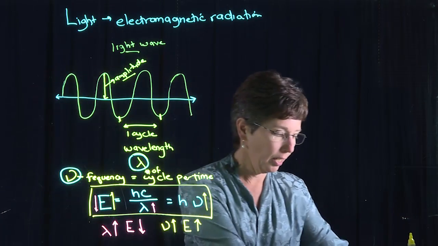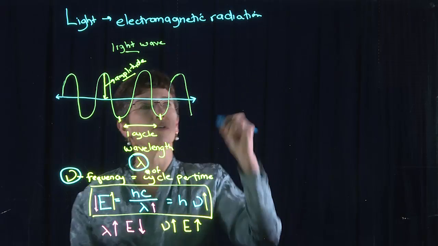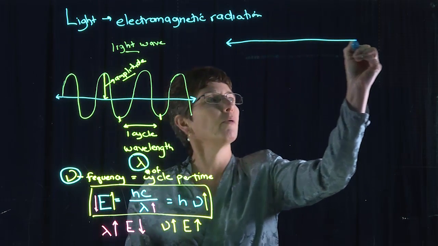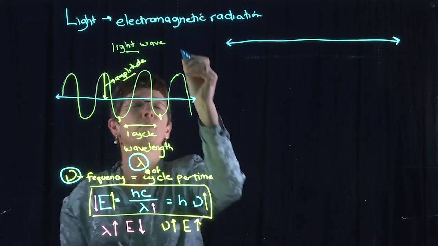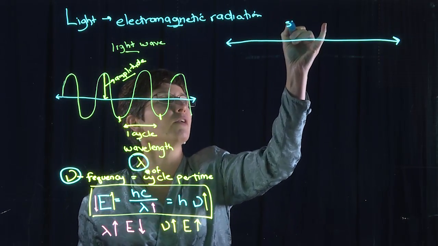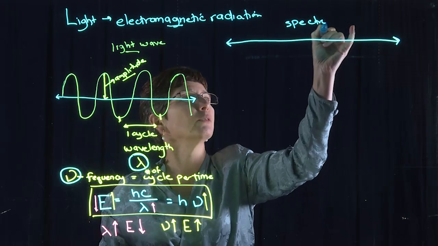And so I'll have a better image of this available for you, but generally in our minds, when we think about electromagnetic radiation, we have in our mind the electromagnetic spectrum.